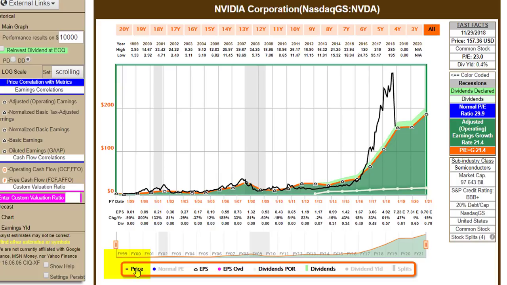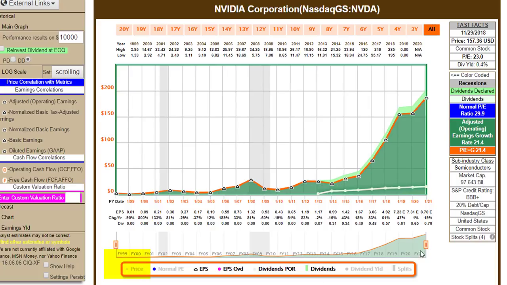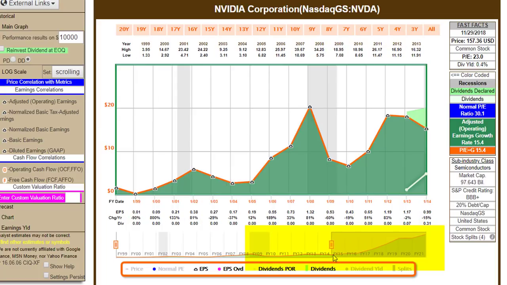Now, I'm going to start by taking the price off of the graph, and I'm going to use my scroll feature here, and I'm going to go back in time and look at the company from the period 1998 through 2013. I want you to notice earnings growth during this time was about 15%.